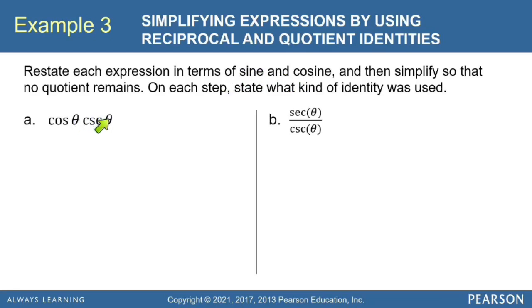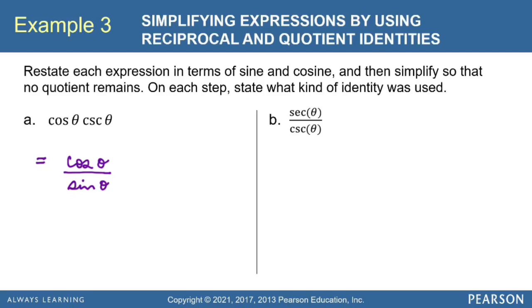So I need to use a reciprocal identity to write this in an equivalent form. So we know that having cosecant of theta in the top is equivalent to having sine of theta in the bottom. So for our first step, let's leave cosine of theta in the top, and let's rewrite cosecant of theta as sine of theta in the denominator.